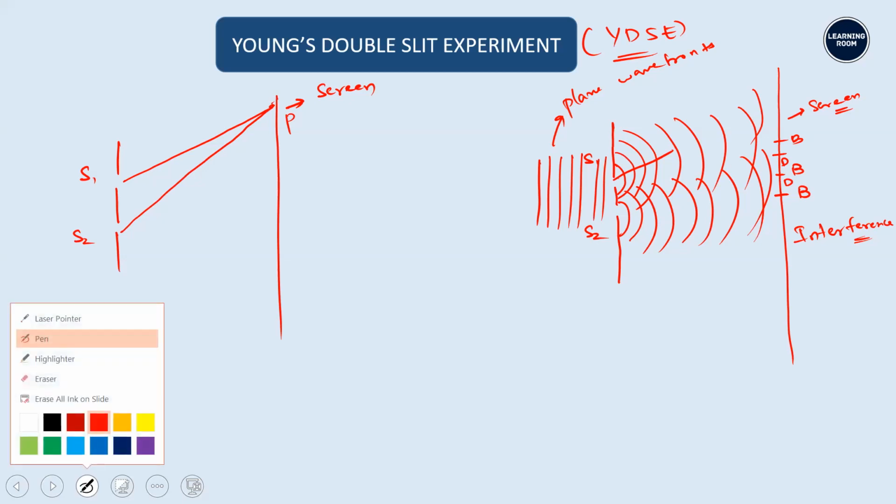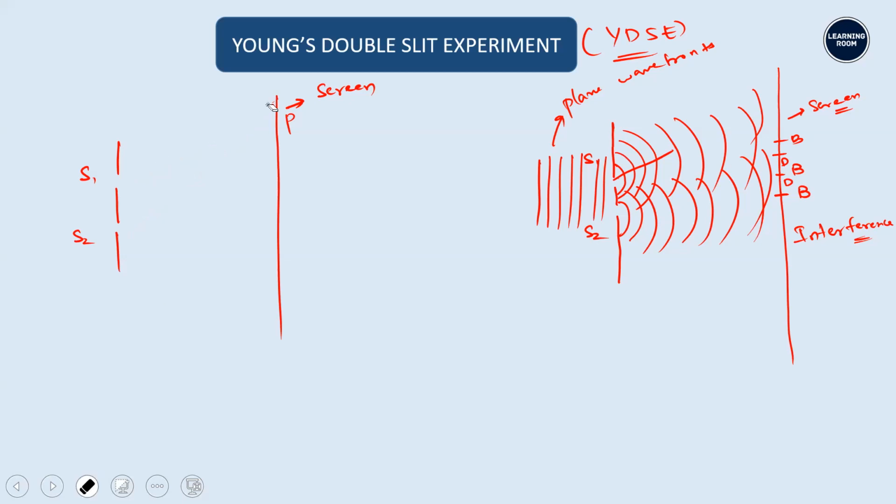This is one ray and this is another ray. If you observe, S1P is traveling a certain distance and S2P is also traveling a certain distance. Now the question is, are they both traveling the same distance?